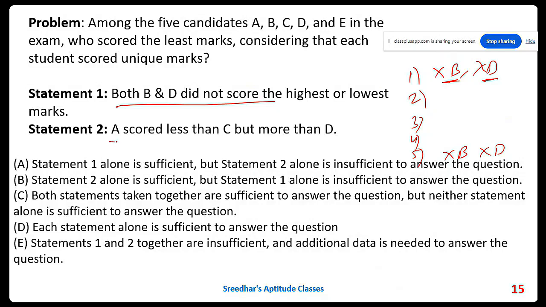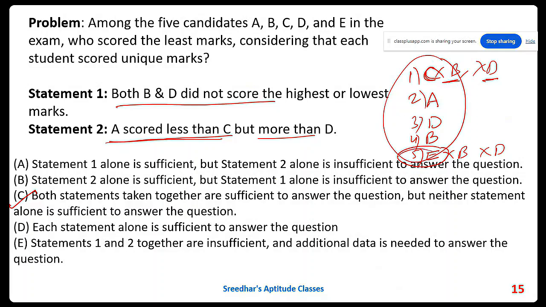And A scored less than C. So if I take C as first, A scored less than C but more than D. So D here, then B here, then E here. So who scored least? E. And the answer is C, because both statements together are sufficient to say that E scored least.